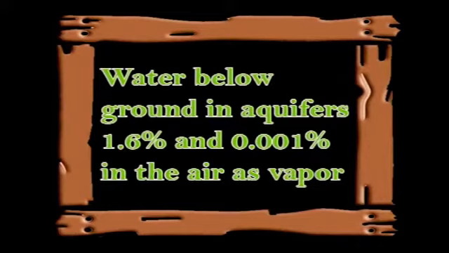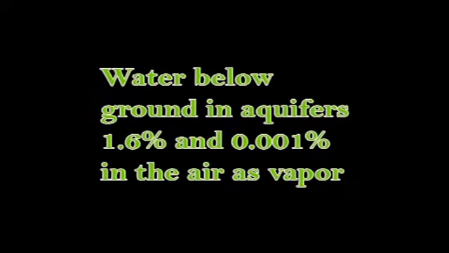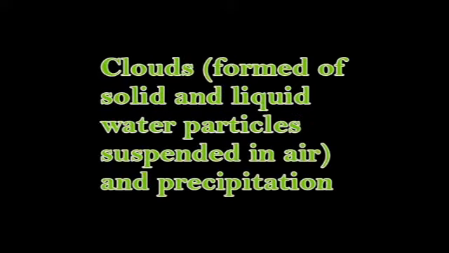Underground, the percentage of water found in aquifers is 1.6%, and 0.001% is in the air as vapor, clouds formed of solid and liquid water particles suspended in air, and precipitation.